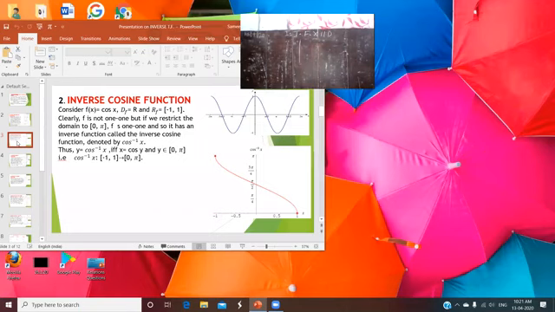If you plot the graph between minus pi and pi, as on your slide, the boundaries minus 1 and 1 are given. If you draw the graph of the cos function and also draw the horizontal line y is equal to 1 by 2, parallel to the x-axis, it intersects the curve at so many points, so the function is not 1-1, and it is not said to be invertible.